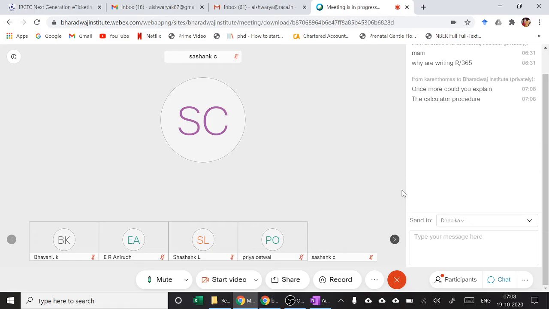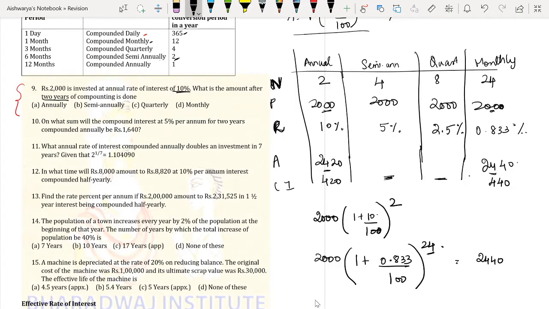Okay. Somebody wants me to explain this once again. I will just do it once again. What you should do on the calculator is you should take this value. What is this value? This divided by 100. So 0.0083. So what you get is 1.0083333333.